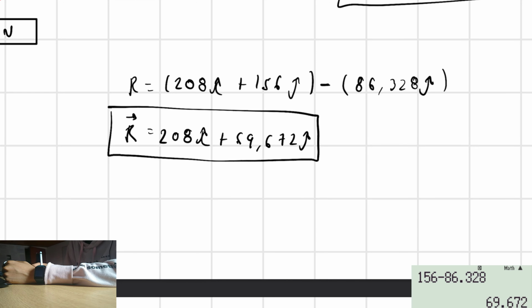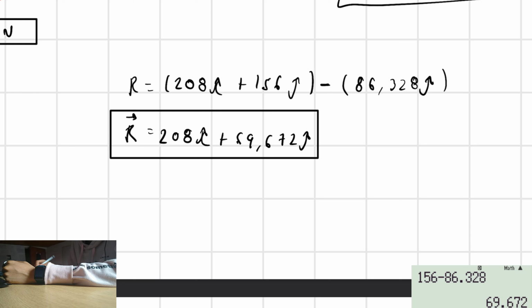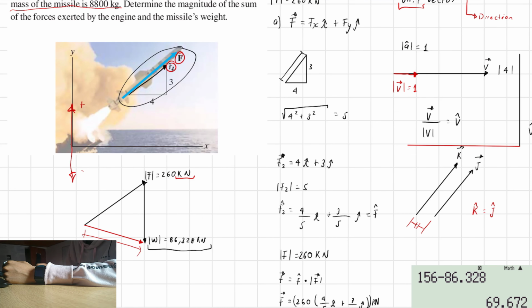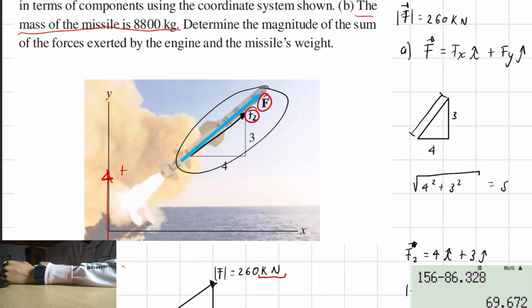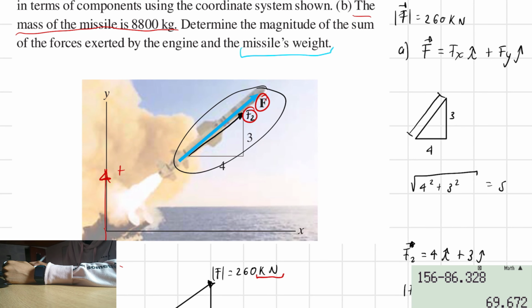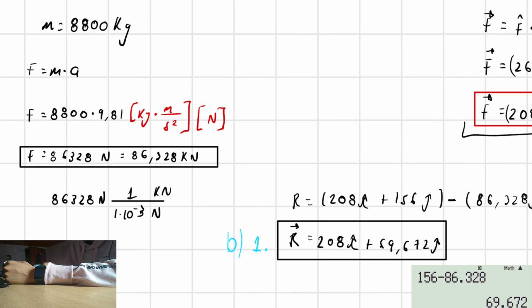Right here, we have the first part of the answer to B, and the second part, the missile's weight. We already did that. Right here we have our second answer for the B problem.